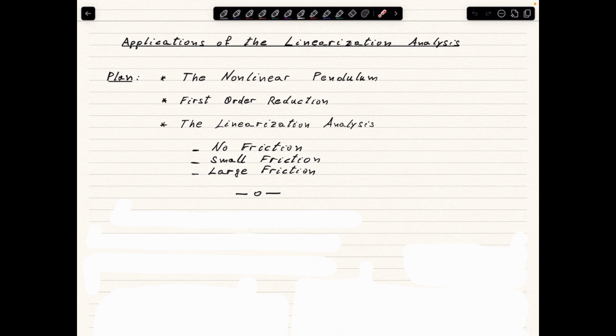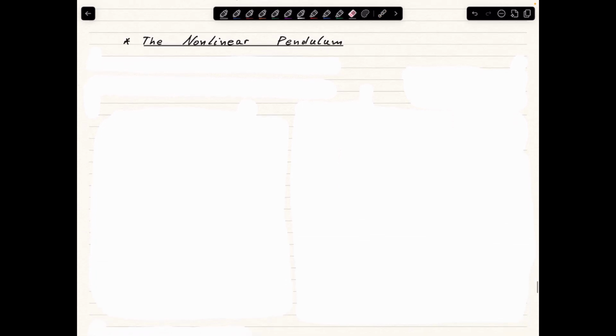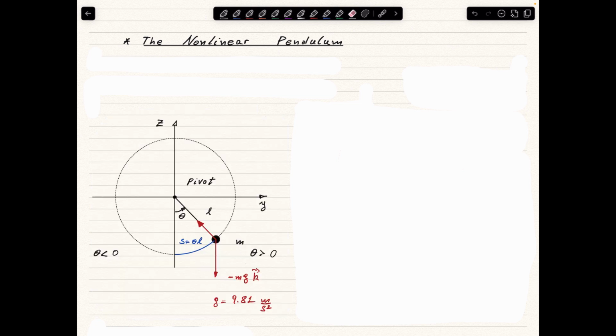Let's start introducing the equations for the nonlinear pendulum. The pendulum is a system given in this picture where we have an object of mass m that is attached to one end of a rigid cord or a stick of length L, and that stick is attached to a pivot that can oscillate freely without friction.